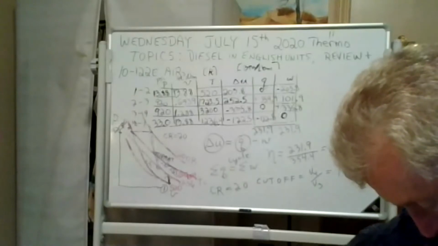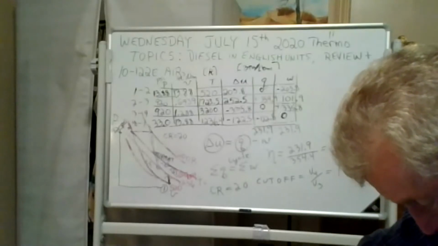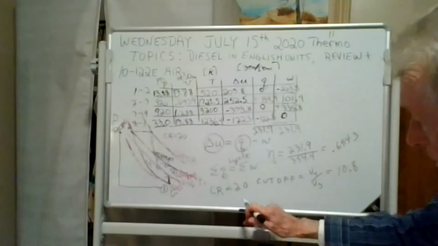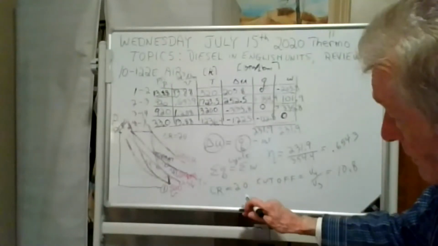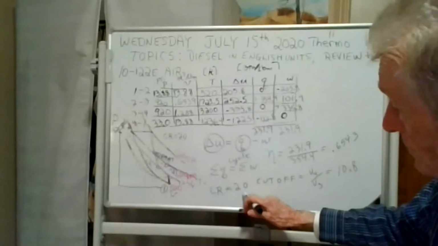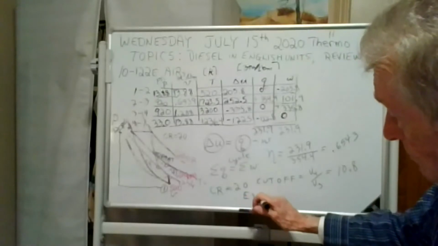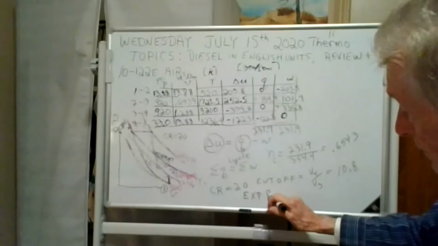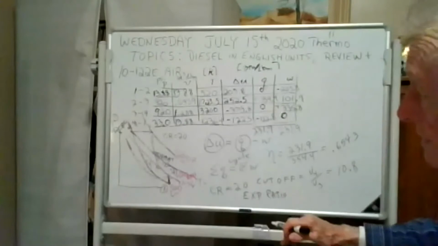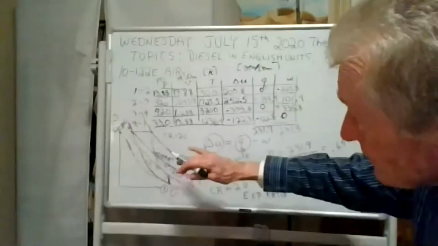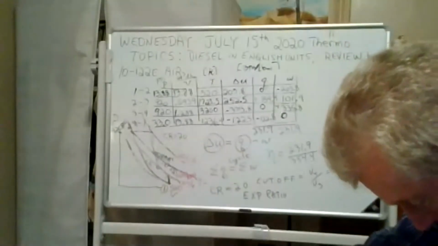And then they said the expansion ratio. I guess there's 3 different kinds of ratios with the diesel engine. The expansion ratio is, I think it's V3 over V2.